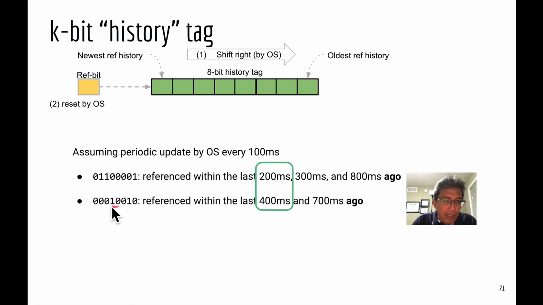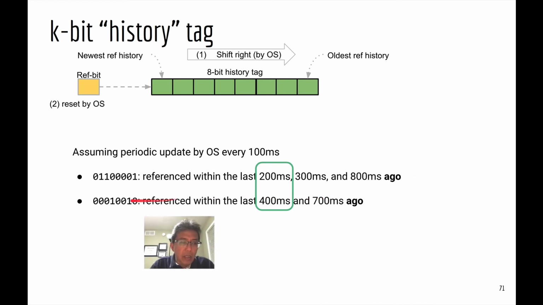But the second pattern tells us that this page was referenced 400 milliseconds ago and 700 milliseconds ago. So between the two pages, we should remove this page because it was least recently used compared to the other page. If you compare the two values in binary, we can see that the smallest tag should be the candidate to be replaced.